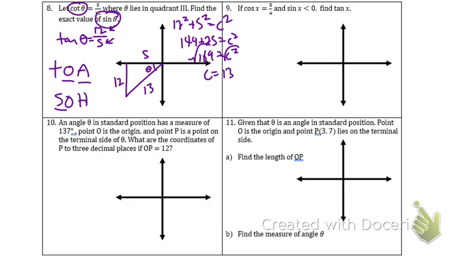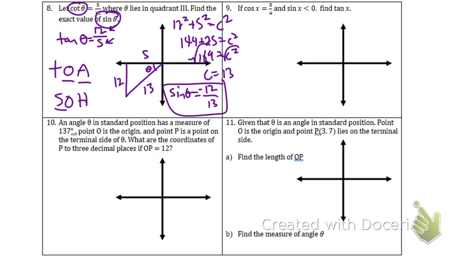When we ask for the sine of theta, that is opposite over the hypotenuse. So sine of theta equals opposite over hypotenuse. And I failed to mention that since we are in quadrant 3, the sine is negative. Sine and cosine are negative, so this needs to be negative 12 over 13.